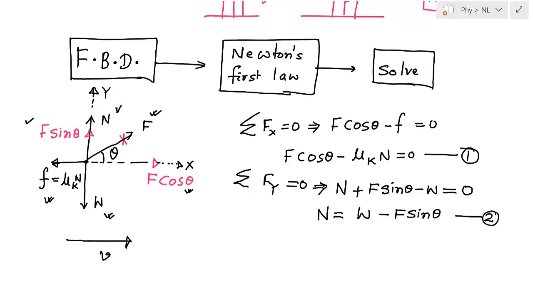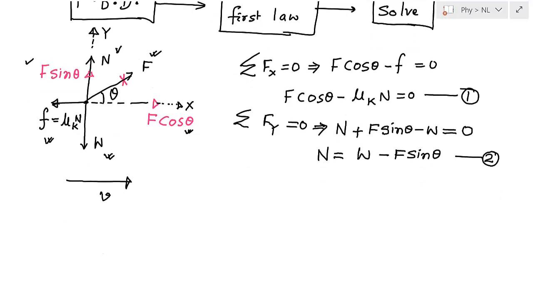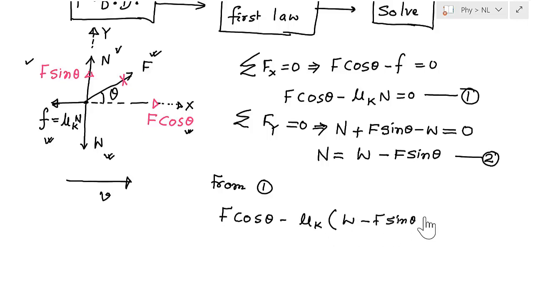Now once I have these two equations, I can solve. Let us plug the value of N from equation 2 into equation 1. So from equation 1 we can write F cos theta minus mu k times N, and the N value is known, that is nothing but W minus F sin theta, and this equals 0.